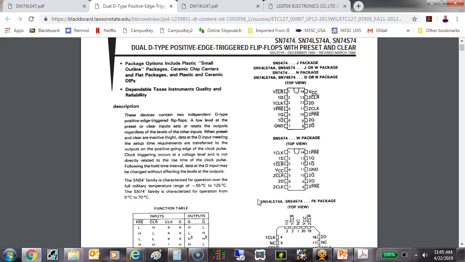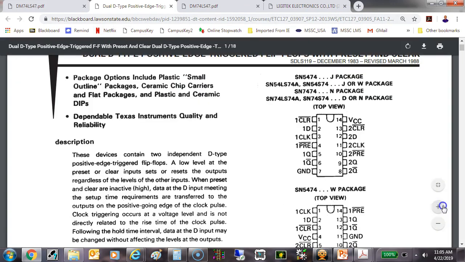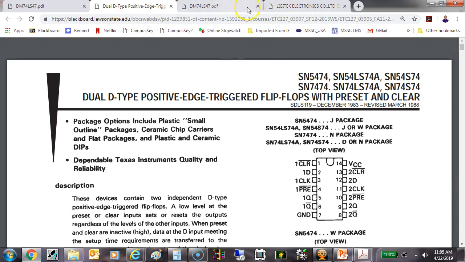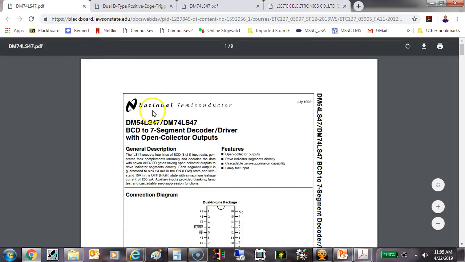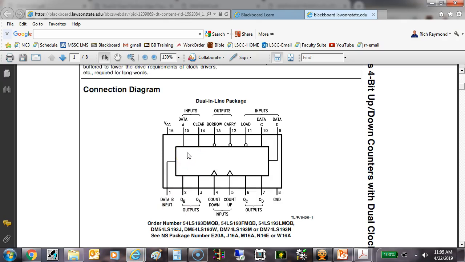So if we wanted it to count up, tell me what we would do. Is this the 190? No, this is the one. I know I got it up here somewhere. Okay, so what would we want to do if we wanted to count up?